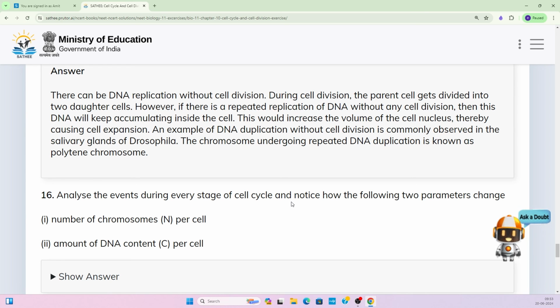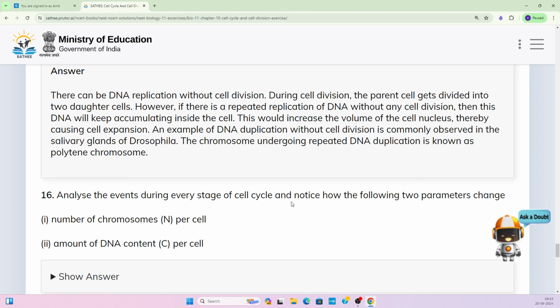So this would increase the volume of the cell nucleus. Every time the volume of the nucleus is enlarging, thereby causing cell expansion. Sometimes we see such changes.